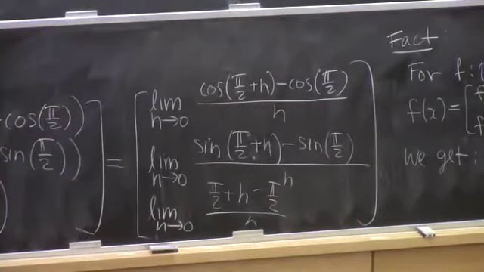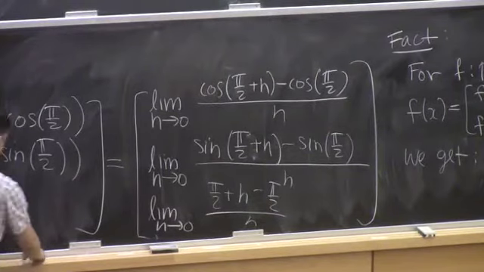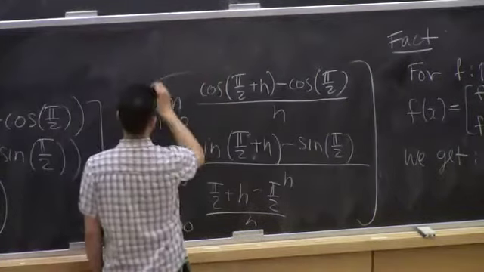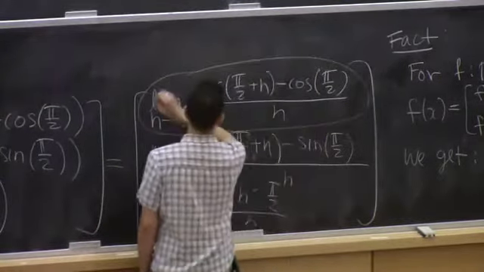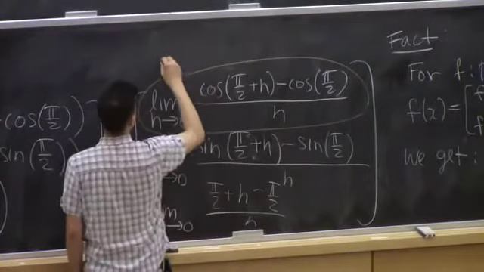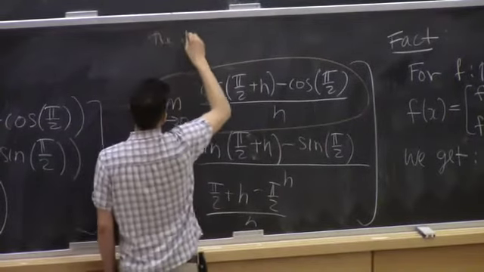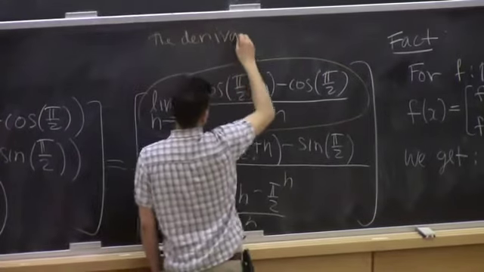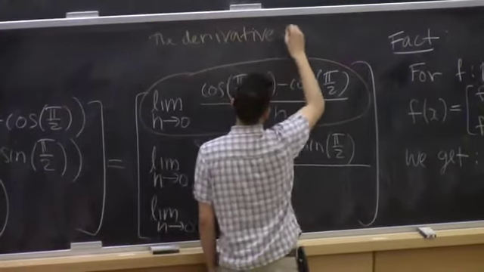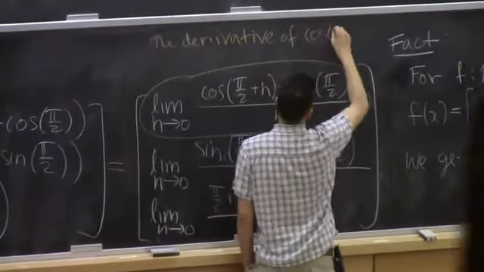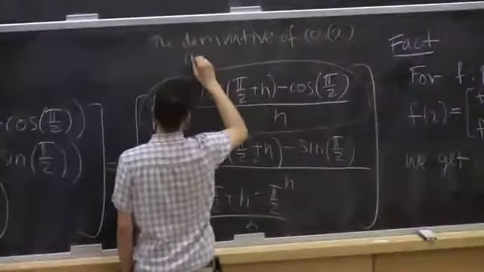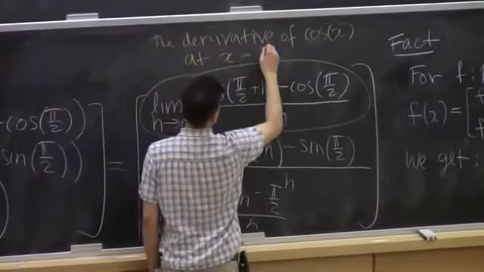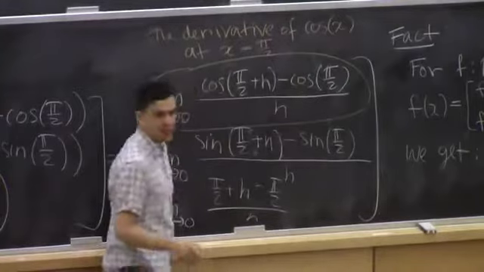And now each one of these is a definition of a derivative. So this guy here is the definition of the derivative at x equals pi by 2.